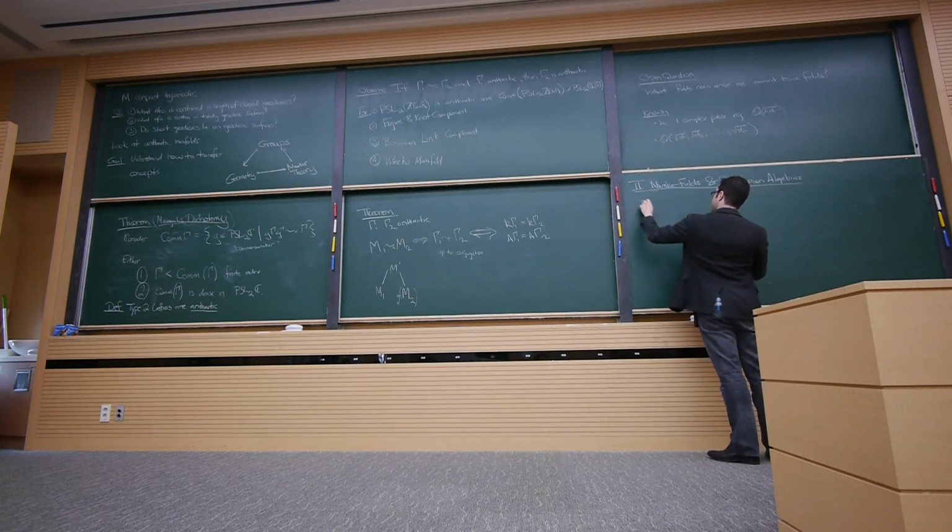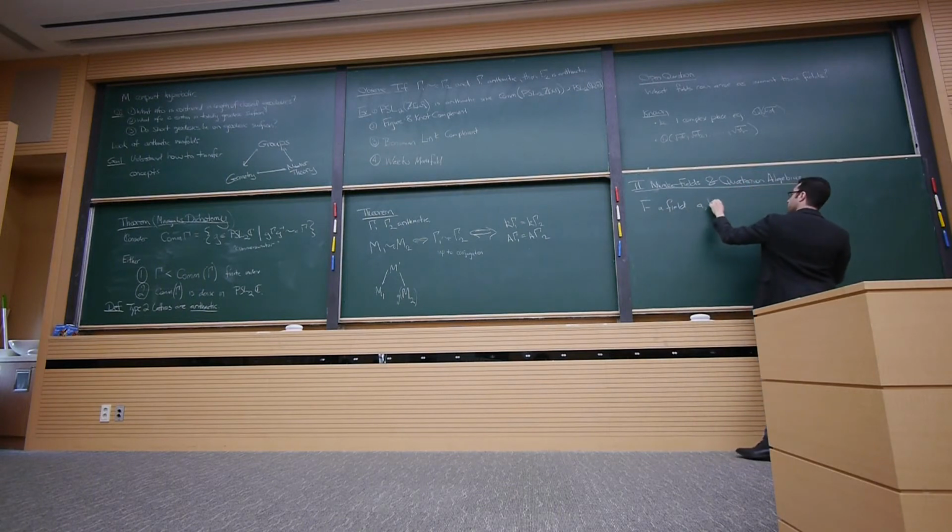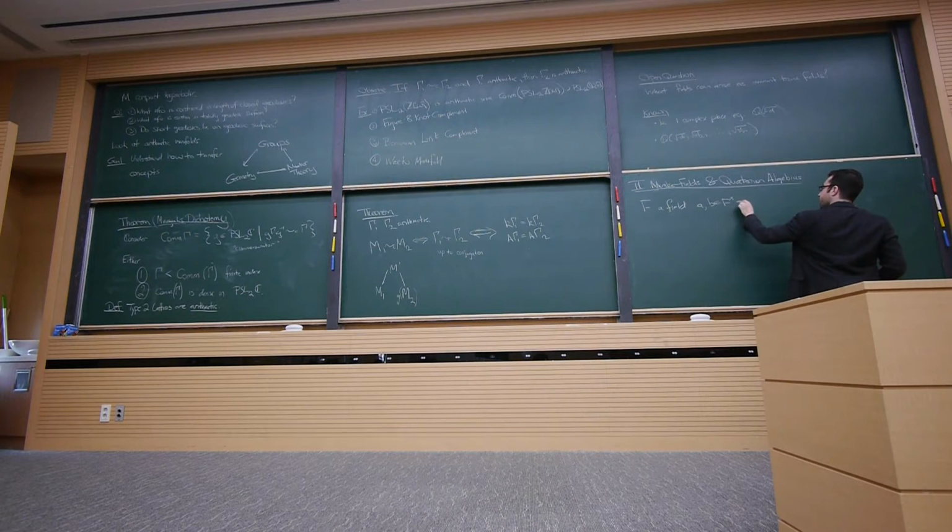So we're going to let F be a field, A and B elements of F star. So this just means F minus 0.